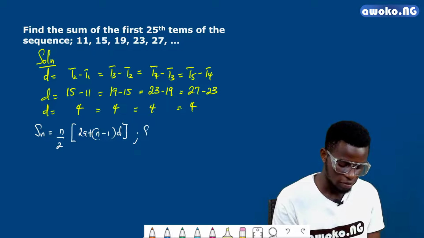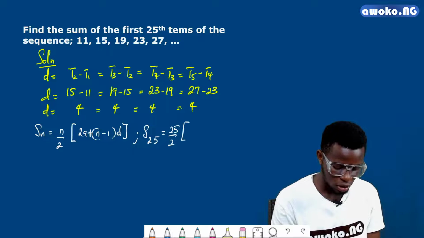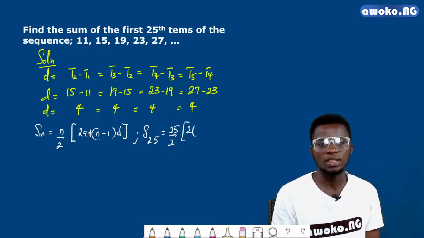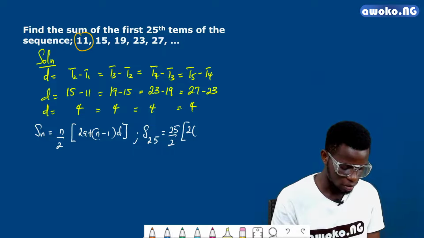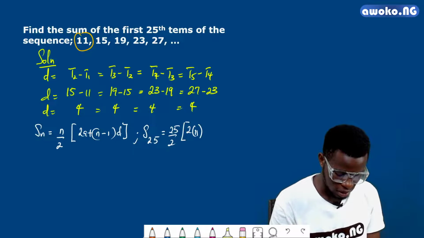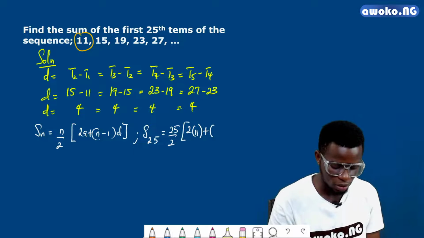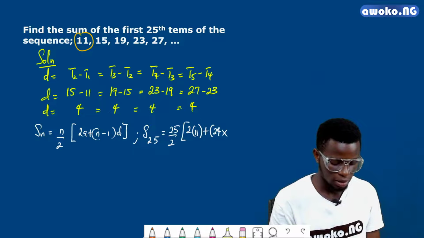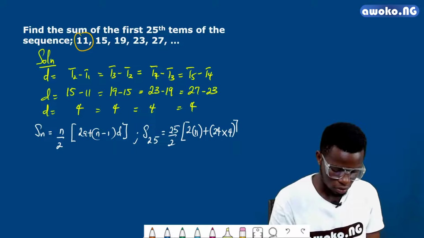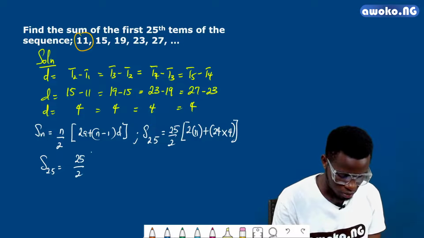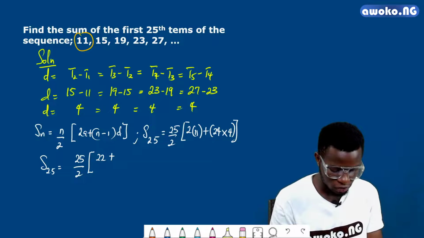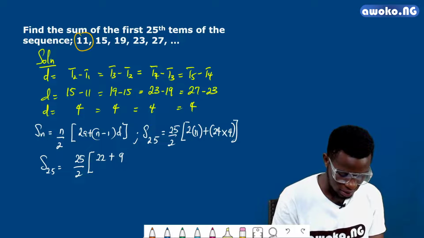So S25 will be equal to 25 over 2 into brackets 2 times a. a is the first term, which is equal to 11, and then we have 11 plus (n minus 1)d, which is 24d. So 24 times d, the common difference, which is 4. So if we compute this, we have that S25 is equal to 25 over 2 into 22 plus 24 times 4, which is going to give us 96.